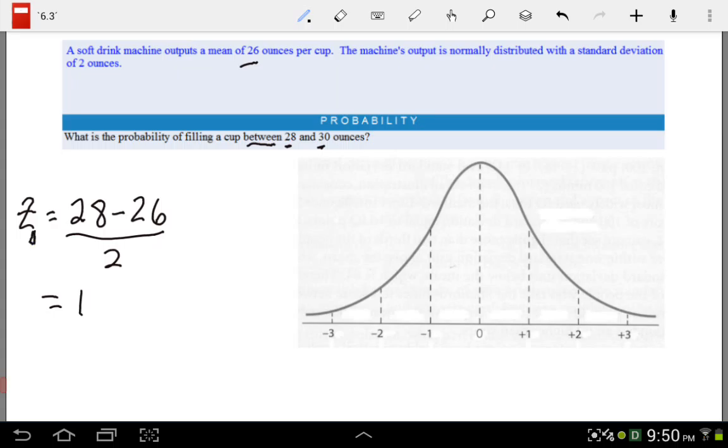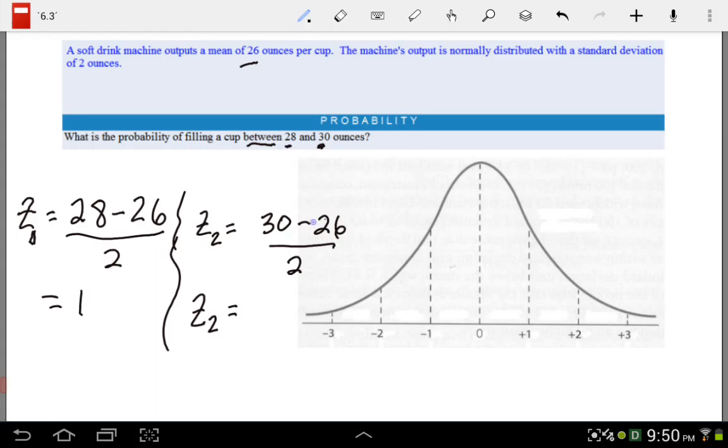And now for z sub 2, we're going to let that x value be 30. So I have 30 minus the mean of 26, divided by standard deviation of 2. So that'll be 4 over 2, so z sub 2 would be 2.